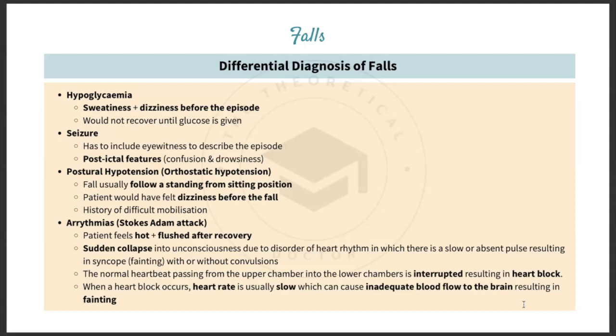This will cause the person to faint. It's actually due to this heart block. Not really a heart block, but when the electrical impulse is interrupted, there's a temporary heart block. Maybe the patient may even have a real heart block for all we know. But yeah, that's Stokes-Adams attack.